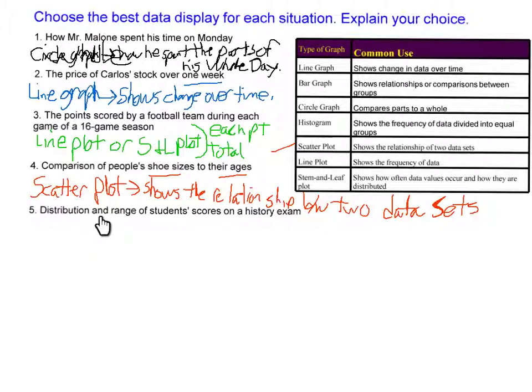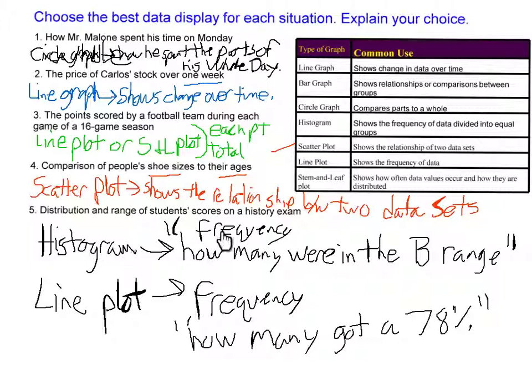Lastly, the distribution and range of student scores on a history exam. Well, look at our choices. Histogram, that would show the frequency of data divided into equal groups, so we could see the groups and how they did. Another good one would be line plot, because that's going to show the frequency. How often do kids get A's or B's or C's or 90s or 80s.